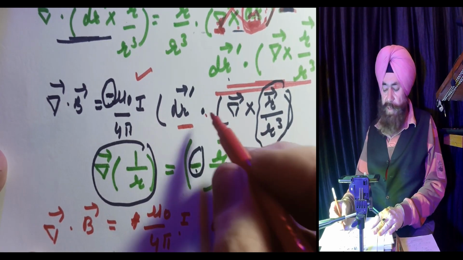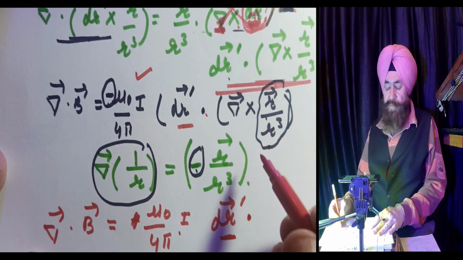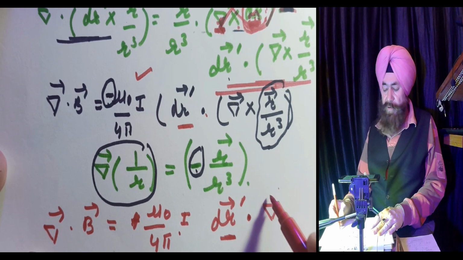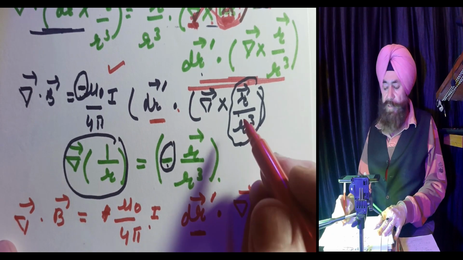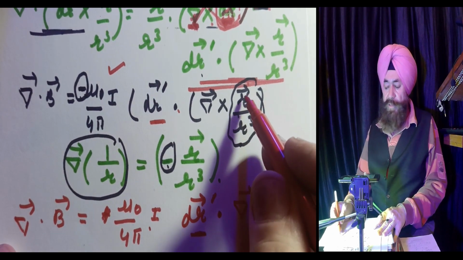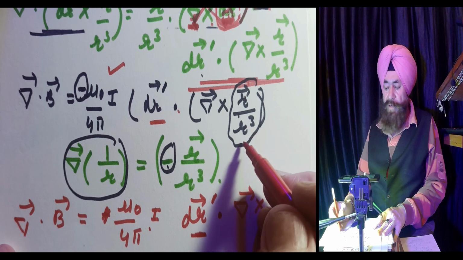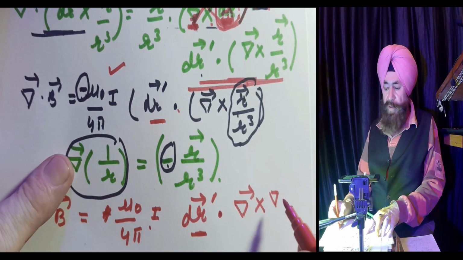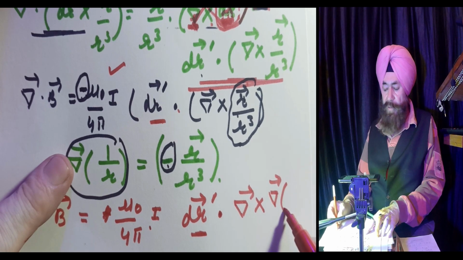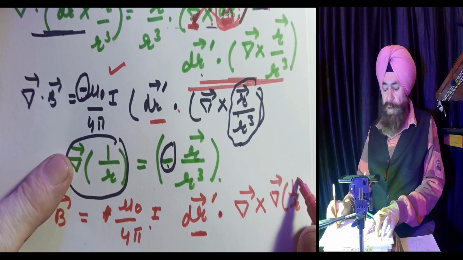Now then this dot is here. Now del cross, okay, del cross, then instead of writing r vector upon r cube, I am writing here del vector of 1 upon r.